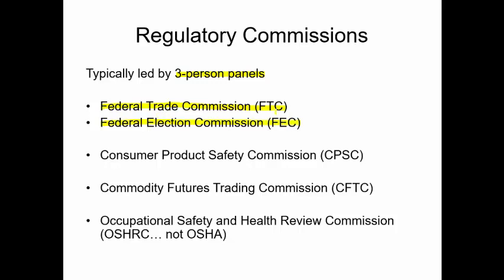The Federal Trade Commission regulates the trade system. The Federal Election Commission regulates the elections, as you can see. Product safety, regulated. Futures trading, and as far as the stocks and bonds and derivatives trading in our financial system.